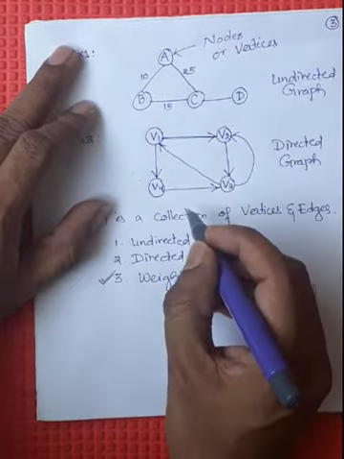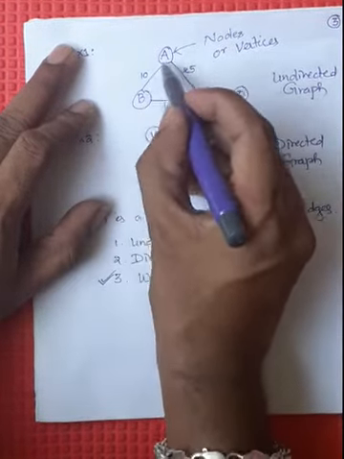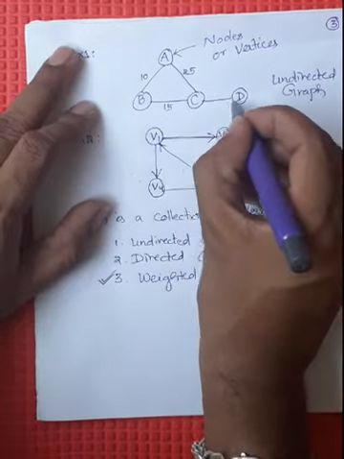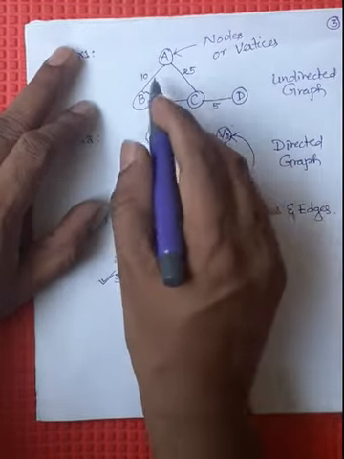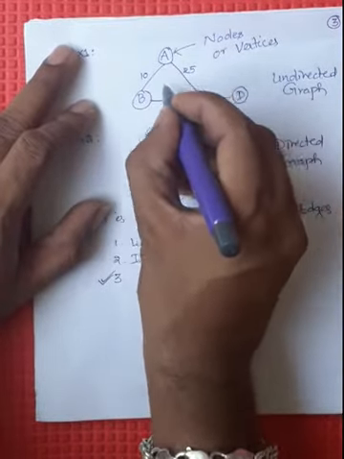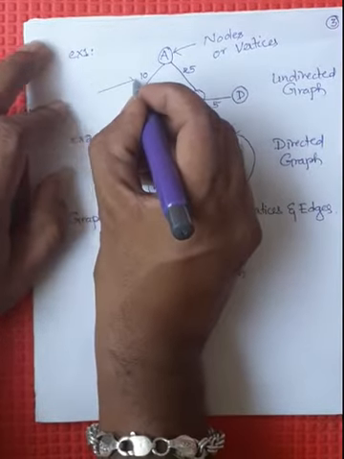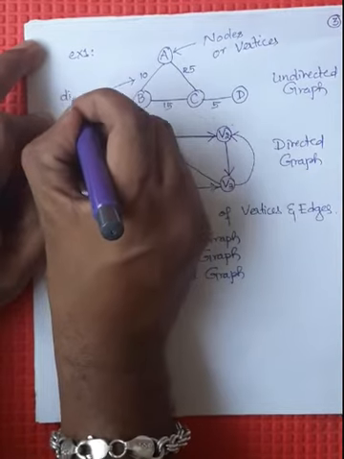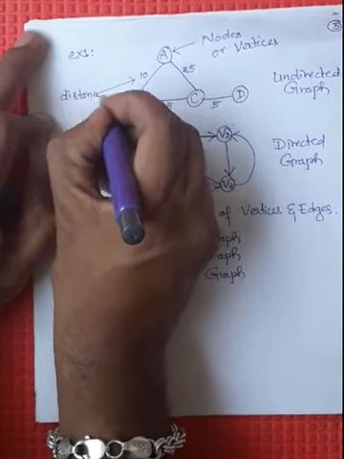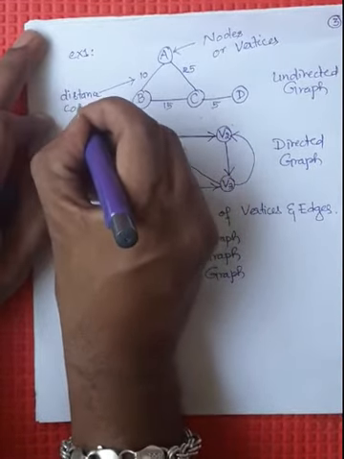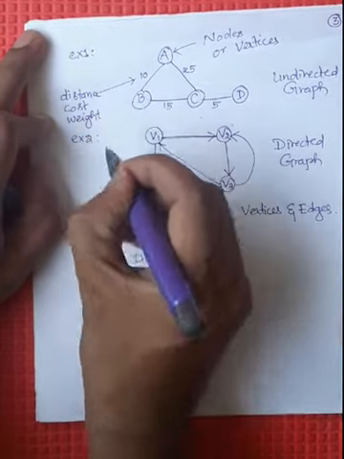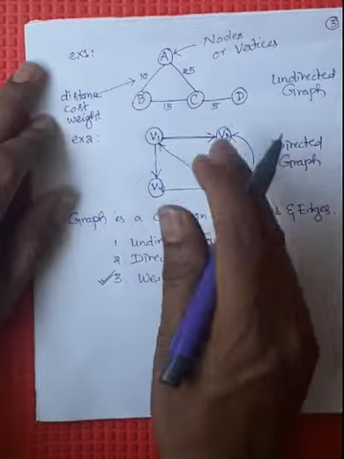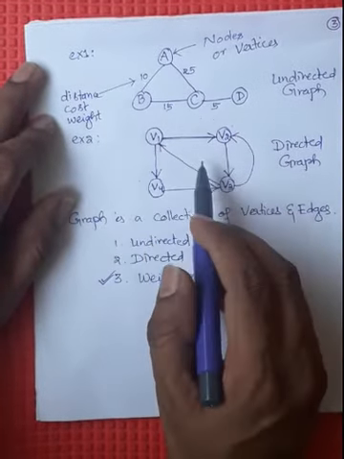C to D there is a distance of 5 kilometer. Whatever this value may be, we can call it distance, or we can call it a cost, or we can call it a weight, based on the situation.